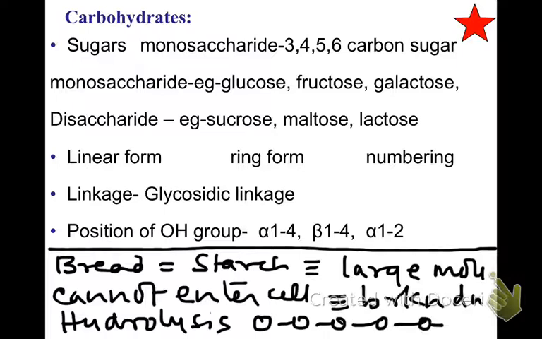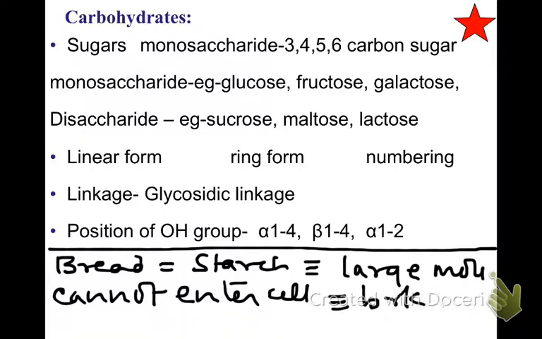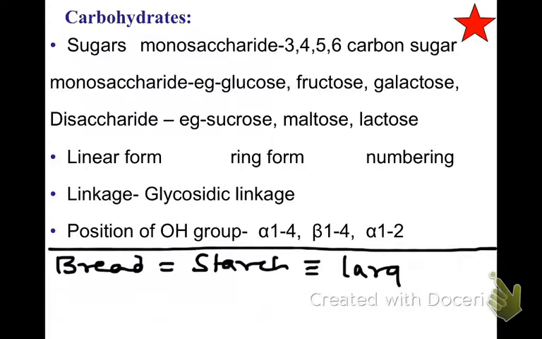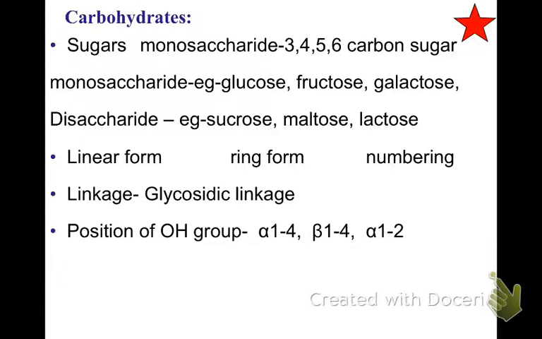Okay. So coming back to our story about the different types of carbohydrates. Sugars, you have monosaccharides. They can be of 3 carbon, 4 carbon, 5 carbon, 6 carbon sugars. And monosaccharide, the examples are glucose.